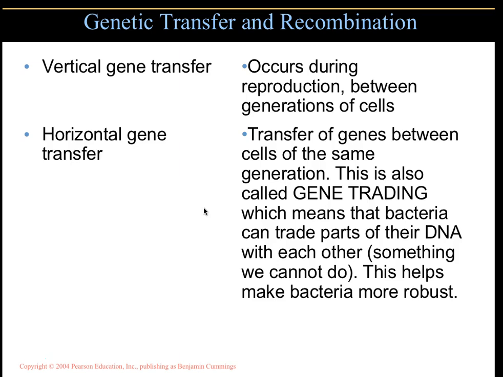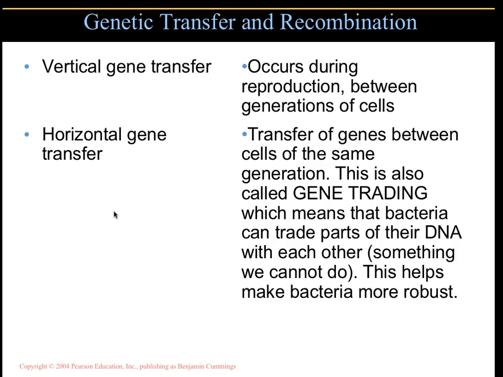They do gene trading, and we do sexual reproduction. And the other thing about gene trading that's very different, besides the fact that you can have 2 bacteria next to each other, and they can decide that they are going to give each other parts of their chromosome, during that period of time.